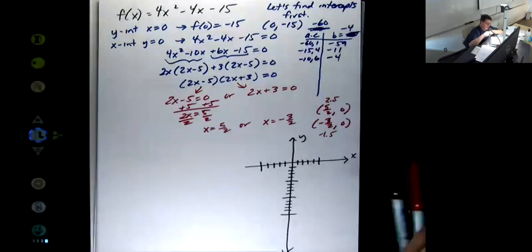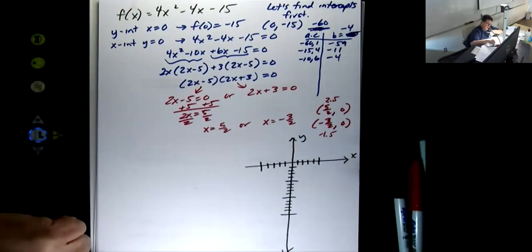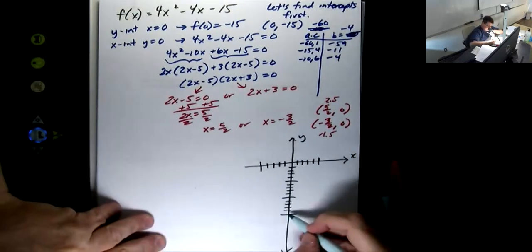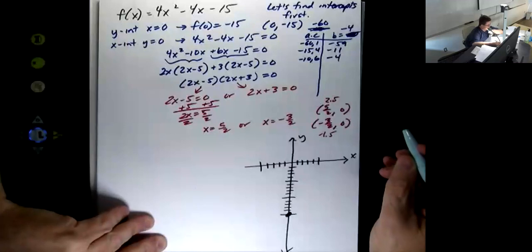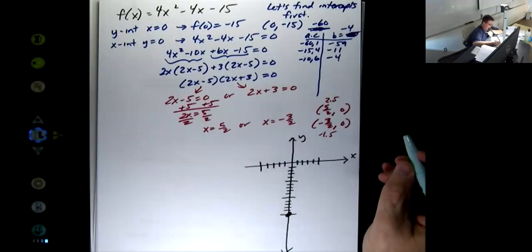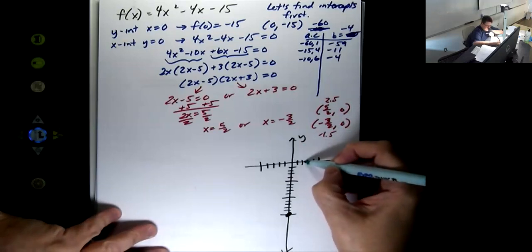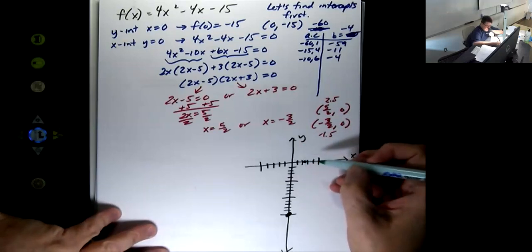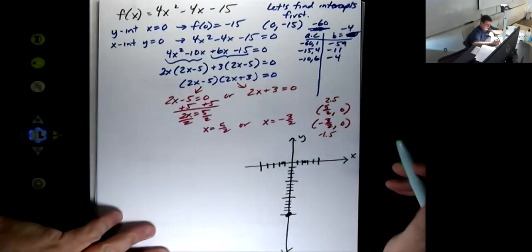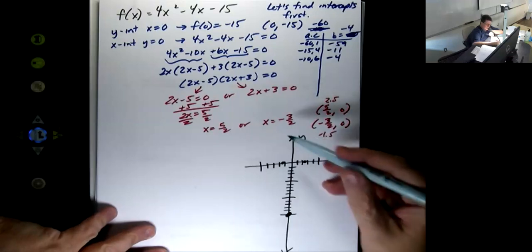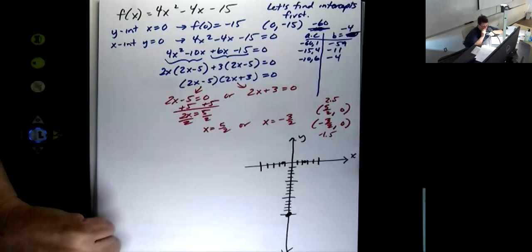So the 3 points we have so far are 0, -15, 5 halves, which is 2.5 comma 0, and -1.5 comma 0. So this is going to look like a parabola opening upwards. All we really need at this point is the vertex.